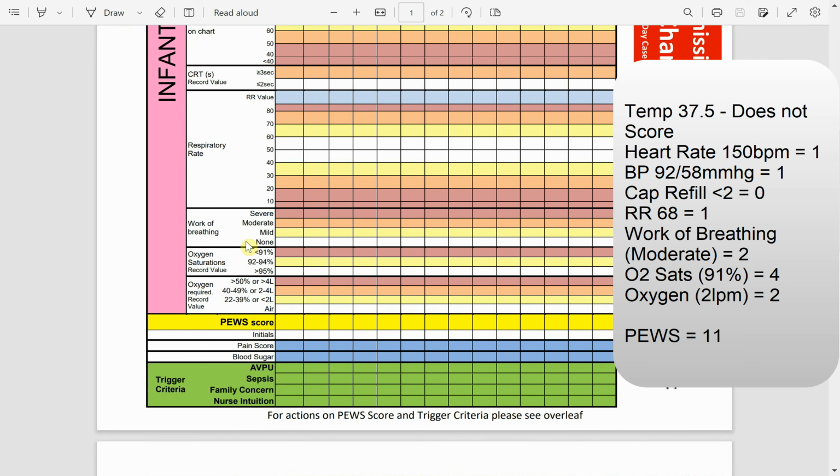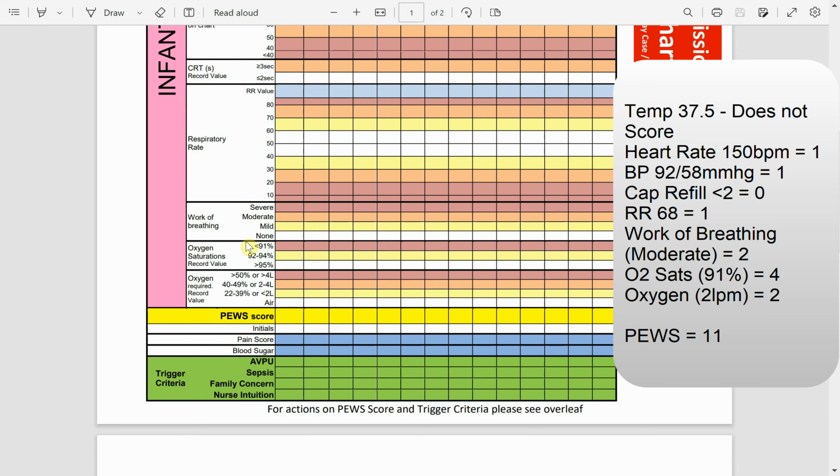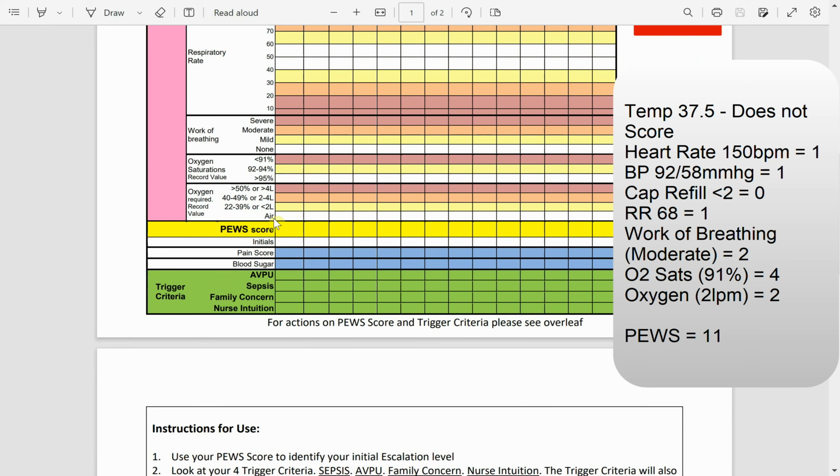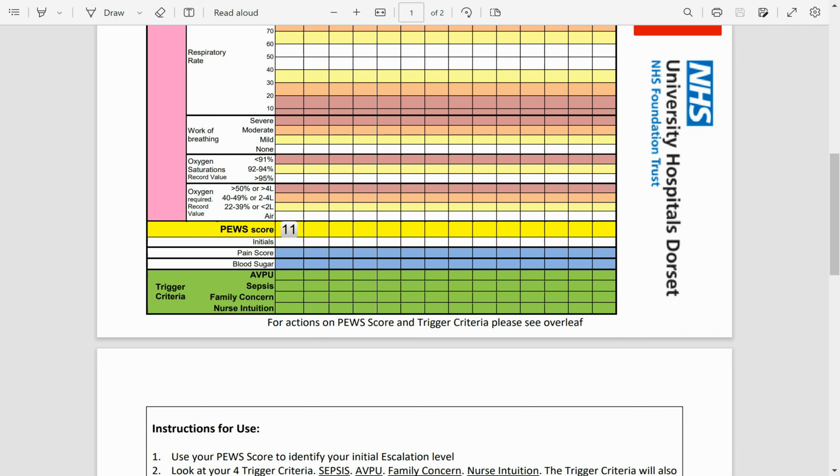Work of breathing we felt was moderate, so that is a 2. Our saturations were 91, so that scored us a 4. And our patient was on 2 litres of oxygen, which puts us in the orange box, which means we've scored a 2. So this gives us an overall PEWS score of 11, which we're going to document in that yellow box at the bottom. We're then going to initial it so that we know who's carried out the observations.